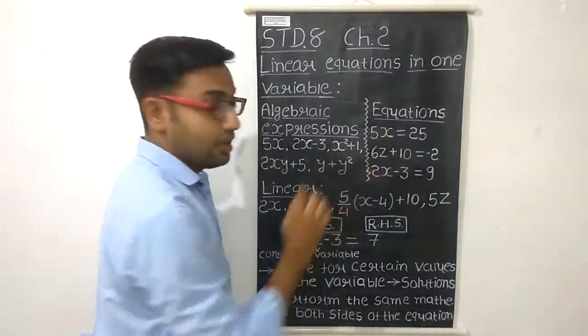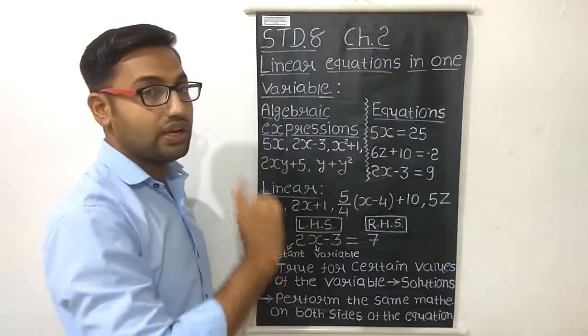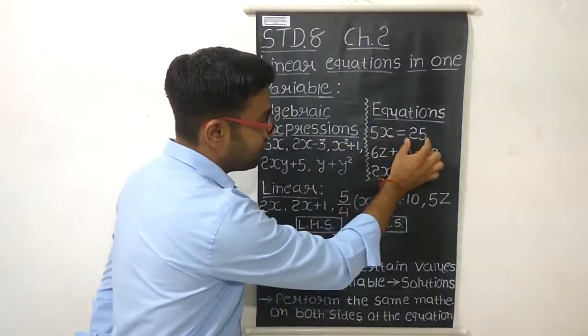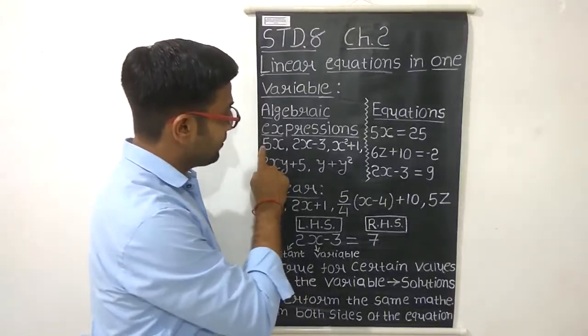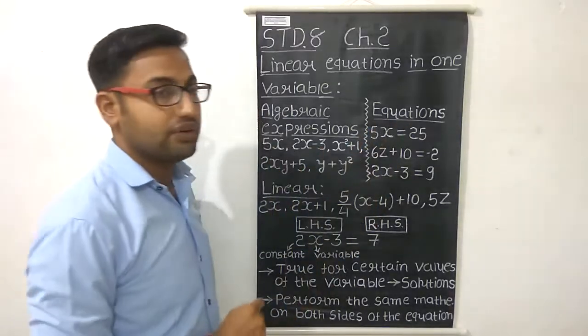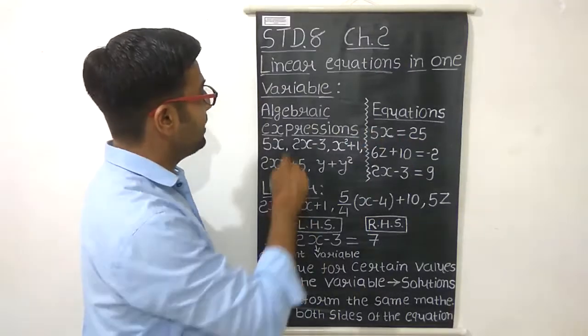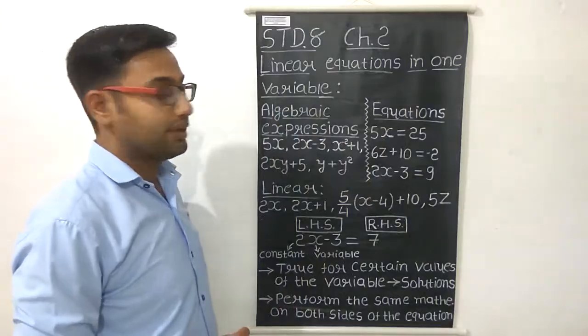But here you cannot get a different value of x. Here you get only one value of x, because we fixed this 5x value at 25, right? So this is the basic difference between expressions and equations, right? Now it is clear what equations are, right?